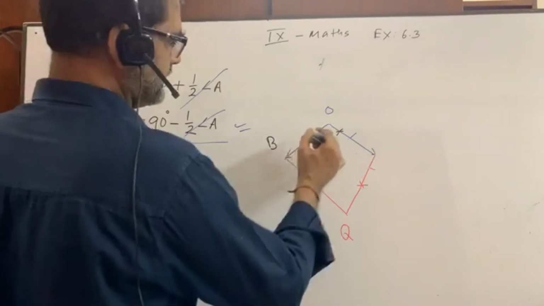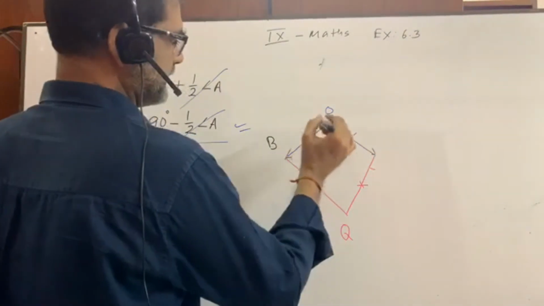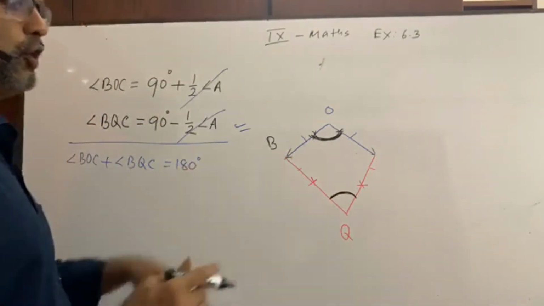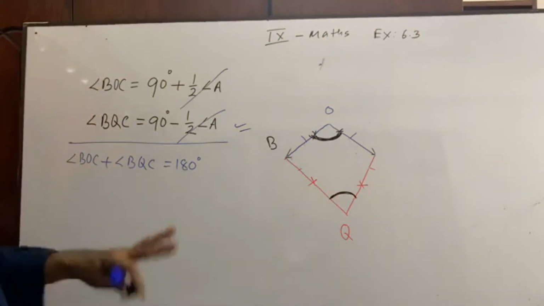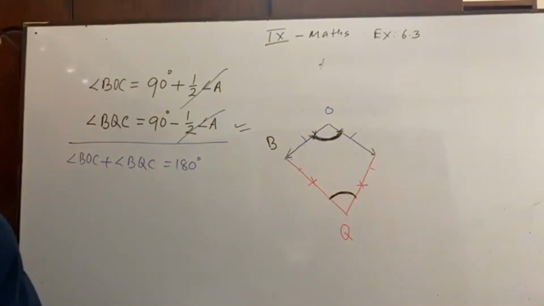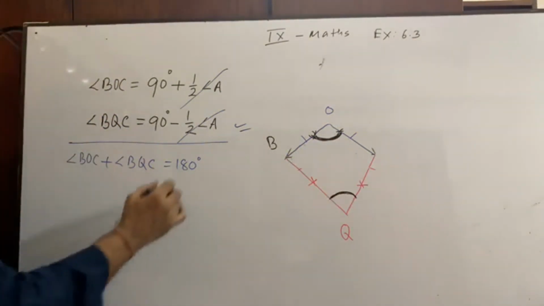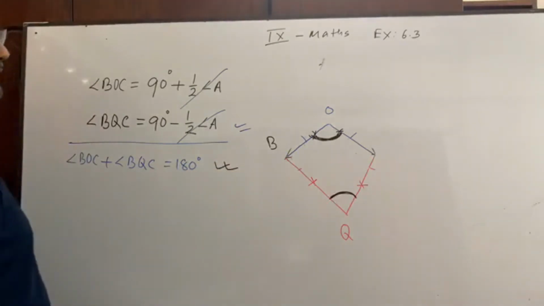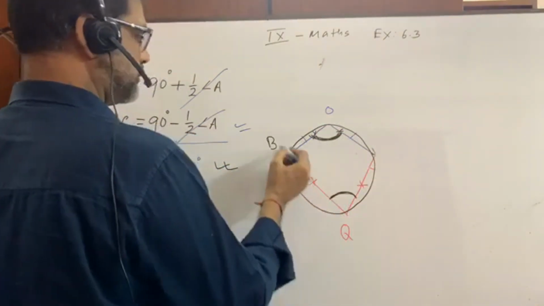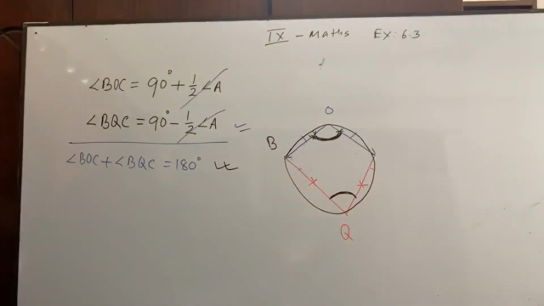And we see this angle and this angle, these two angles are the opposite angles, and the sum of the opposite angles in a quadrilateral is equal to 180 degree. Then you know what happens? A circle can be drawn passing through these 4 points. Do you understand? A circle can be drawn passing through the 4 points.